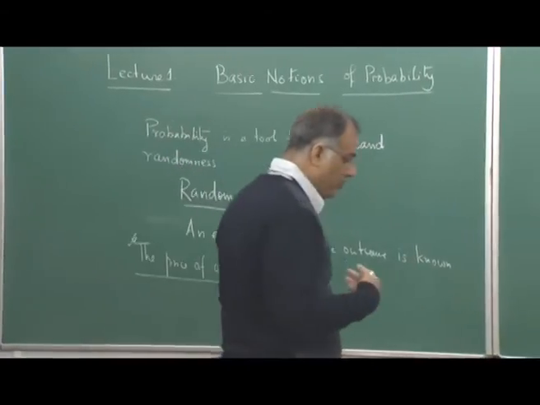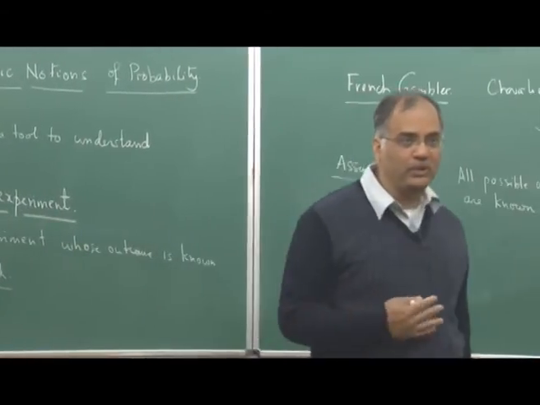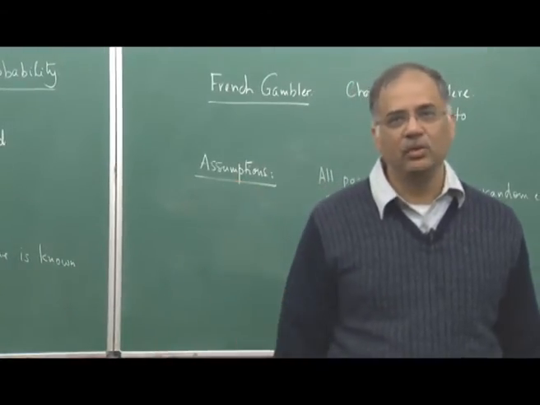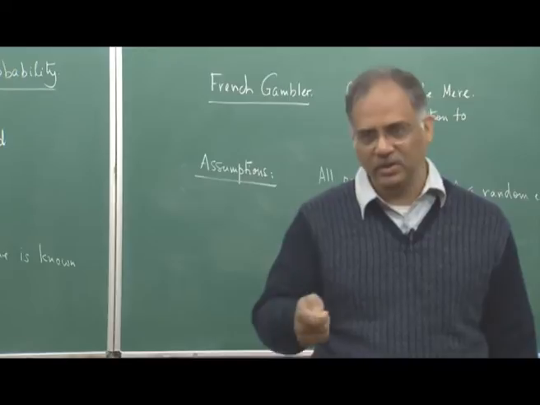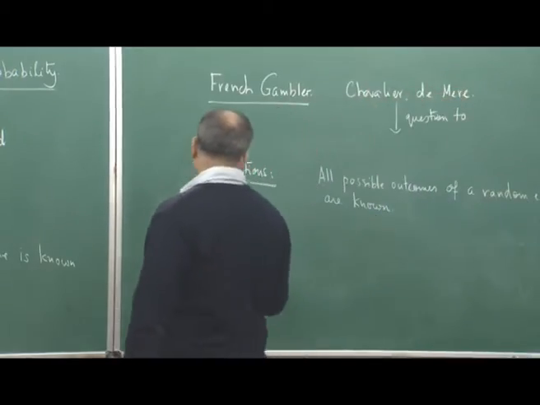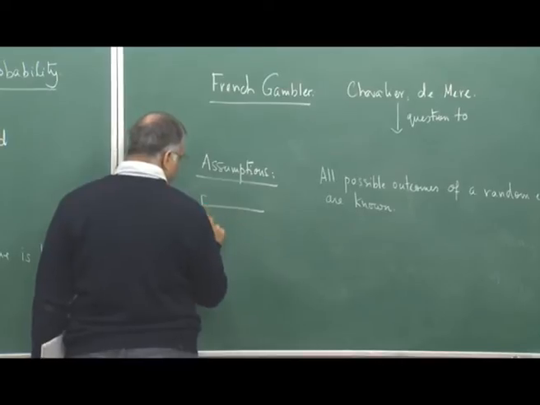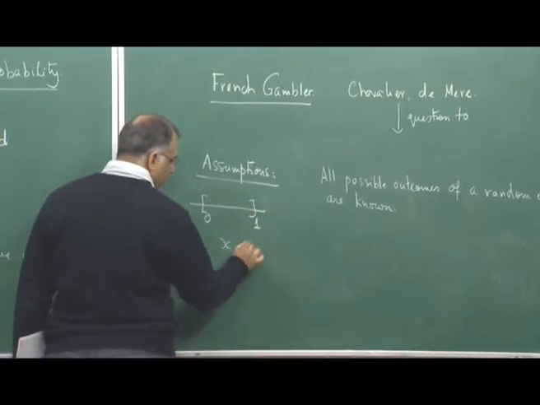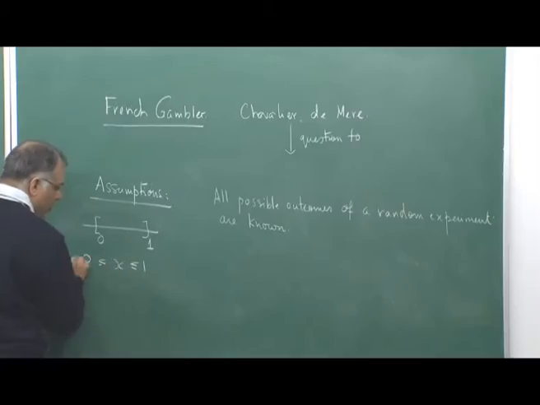The number of possible outcomes could be finite or infinite. If I am choosing one point randomly from the line 0 to 1, choosing one real number out of the interval 0, 1, then all possible outcomes are any number between 0 and 1. Any x between 0 and 1 is a possible outcome.